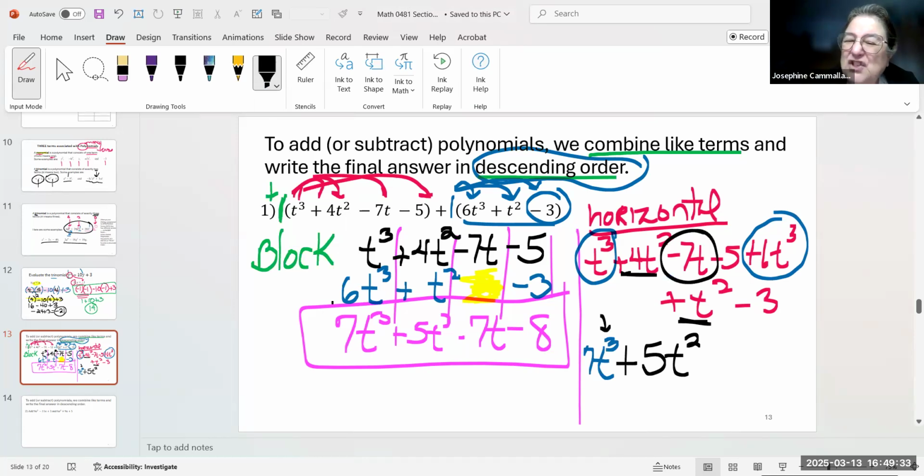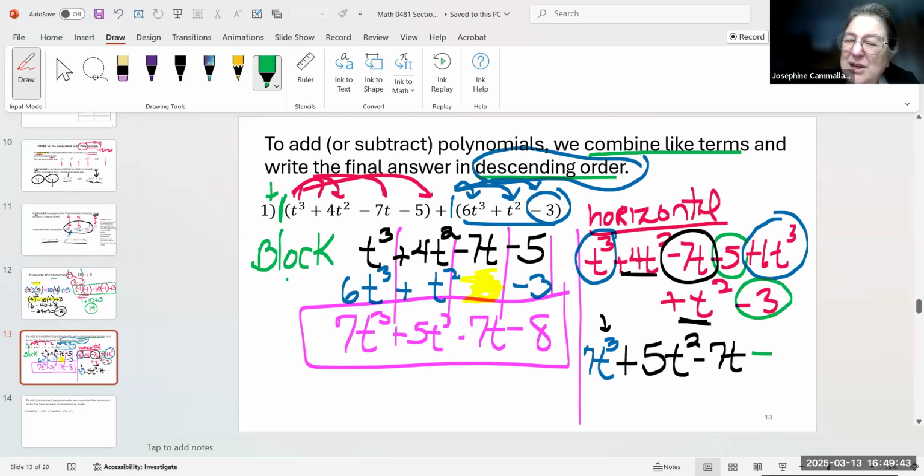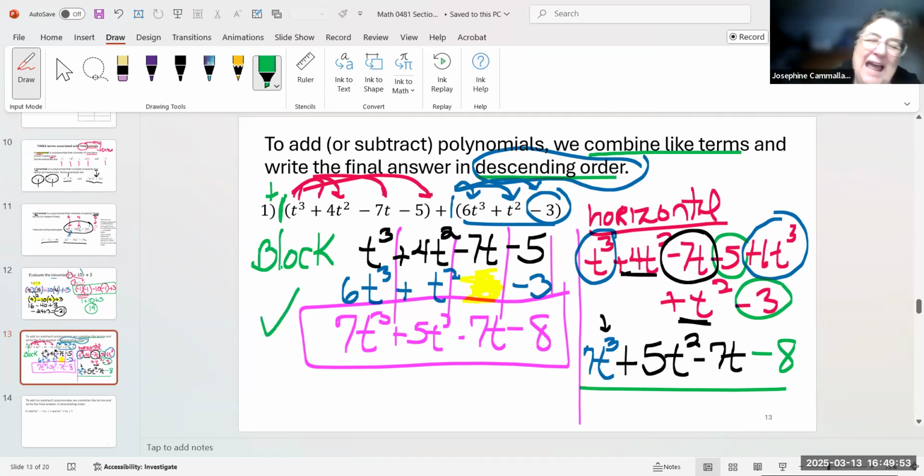Well, all I have is just this one. And then I have the -5 and the -3, which gives me -8. I have to look across the line. Well, block seems to be better because I can line them up. But that's my choice. Okay?